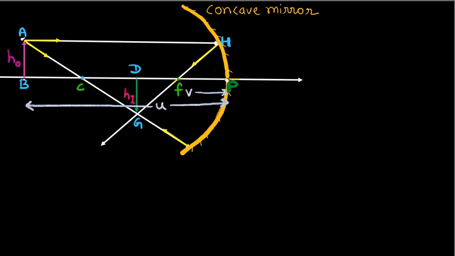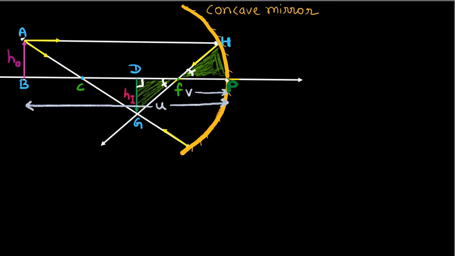So first consider a pair of triangles, triangle DGF and triangle HPF. In these two triangles, we have vertically opposite angles which are equal, and DG is perpendicular to the principal axis.